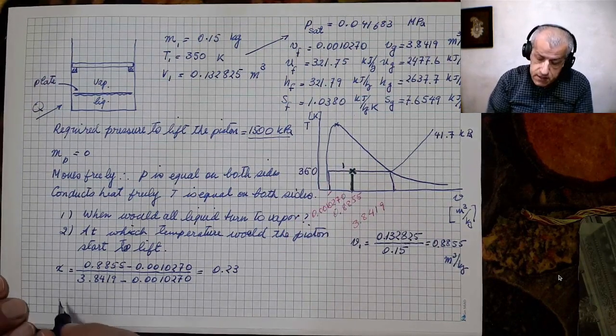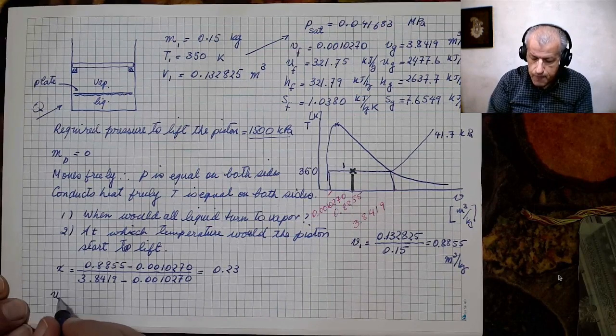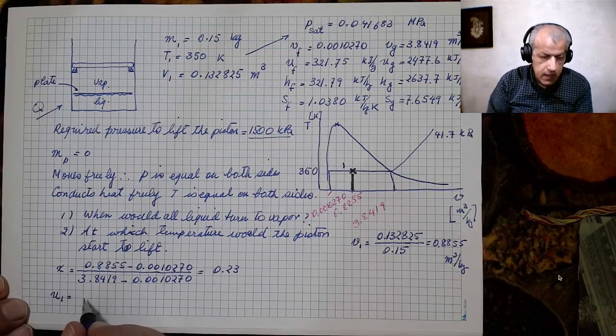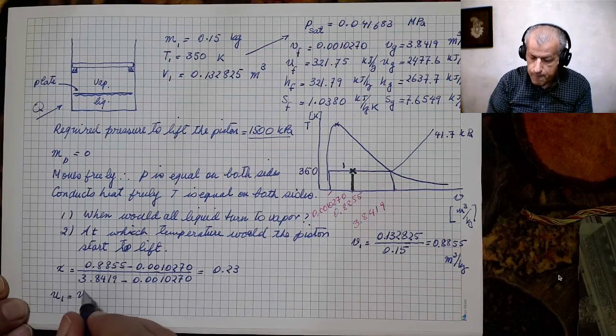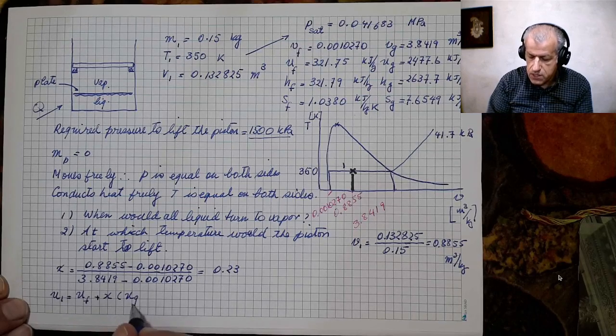So just to start with, U1 would equal uf plus x times (ug minus uf).